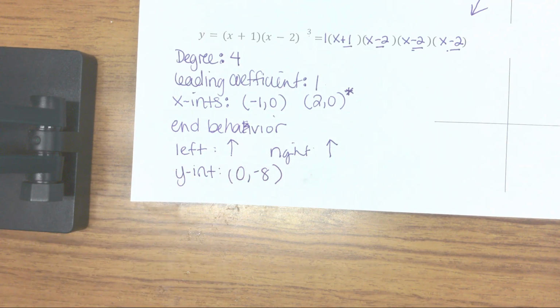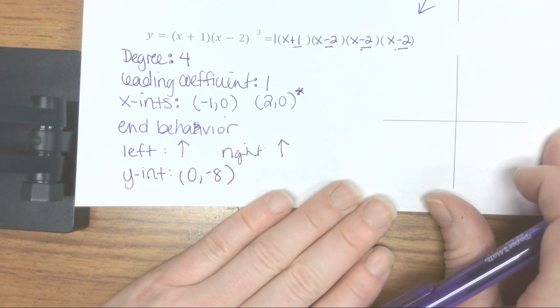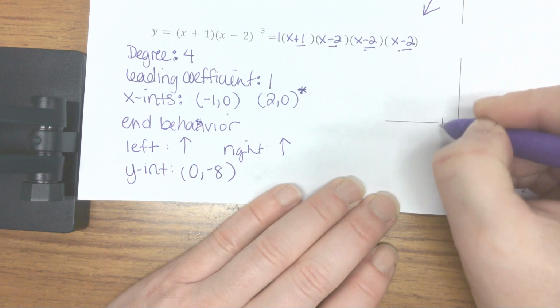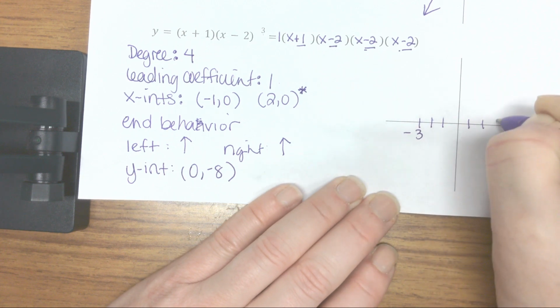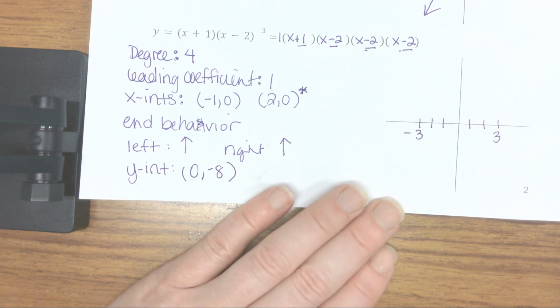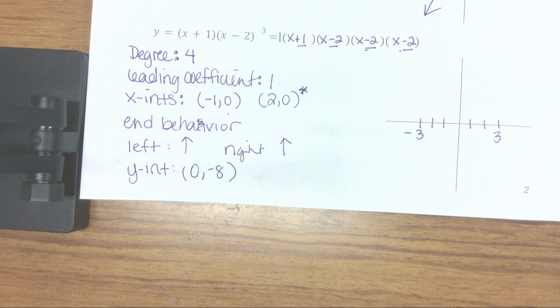All right, on our graph, what I need us to do is at least, let's do a couple points to the left. Well, a couple is 2. We'll do several points to the left and several points to the right. And then for my y-intercept of -8, if you want to do 8 tick marks, you can.